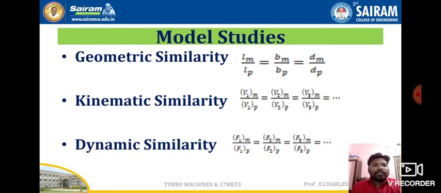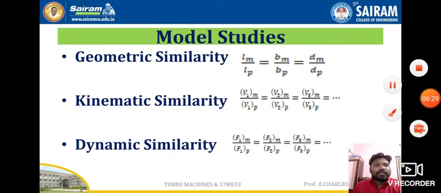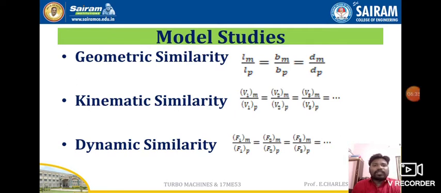Now the next one is model studies. There are three different similarities that we come across: geometric similarity, kinematic similarity and dynamic similarity. First and foremost, we should know what exactly model study is all about. Model study is a model design used to prepare a model whose behavior can produce trustworthy predictions.